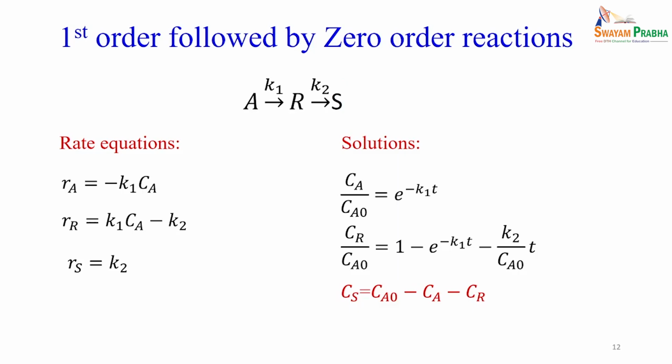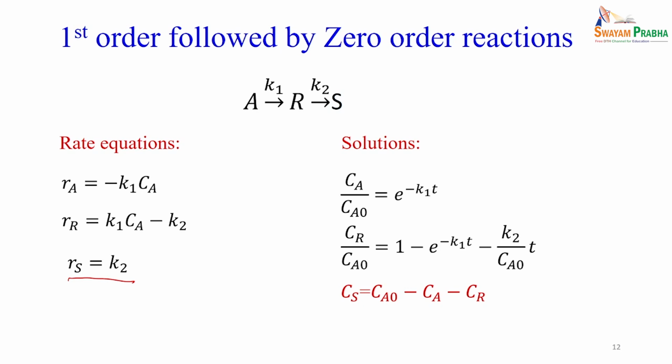If you consider the zero order kinetics, the third, Rs, will be simply k2. For first order kinetics, Ra is k1 into Ca, Rr will be k1 into Ca minus k2, and the third step will be Rs is equal to only k2, and accordingly we can solve it, and these are the solutions.